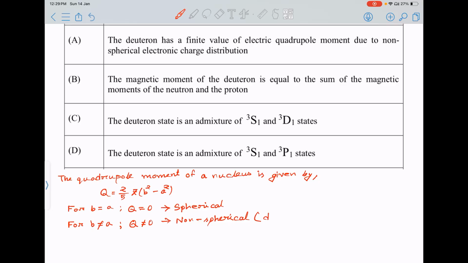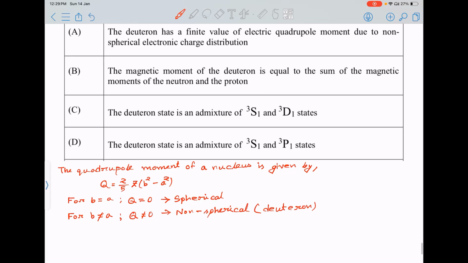And deuteron is an example of that. So we can say that a deuteron has a finite value of electric quadrupole moment due to non-spherical electronic charge distribution. So option A will be correct.